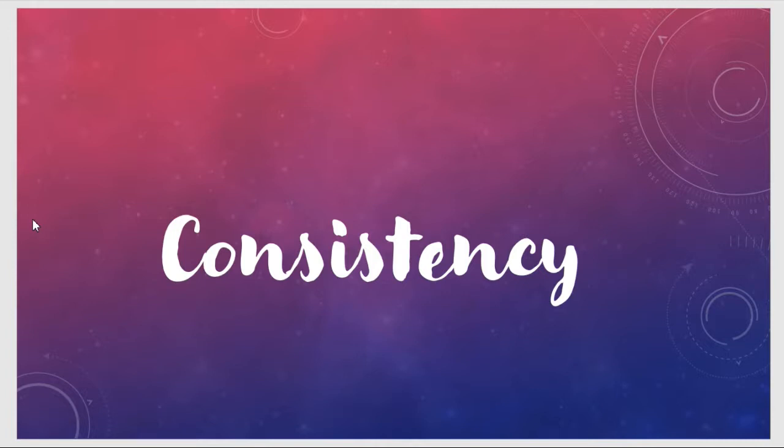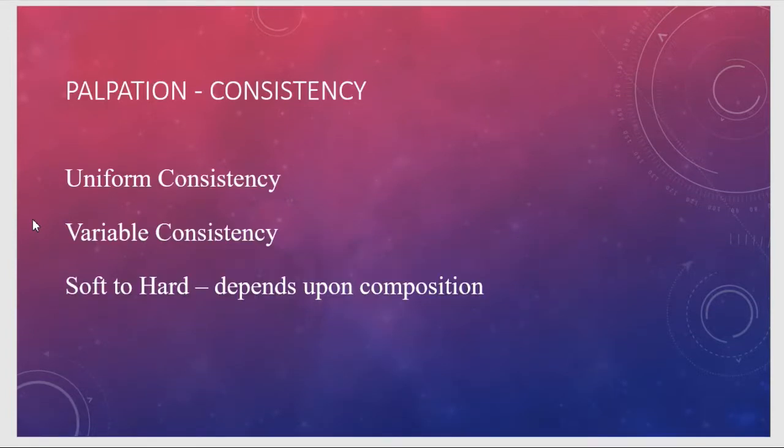Then comes the consistency. What is the consistency of a swelling? It could be uniform consistency or variable consistency. Variable consistency is usually seen in cases of malignancy or teratomas. A uniform consistency is seen in various swellings, which we are just going to discuss.